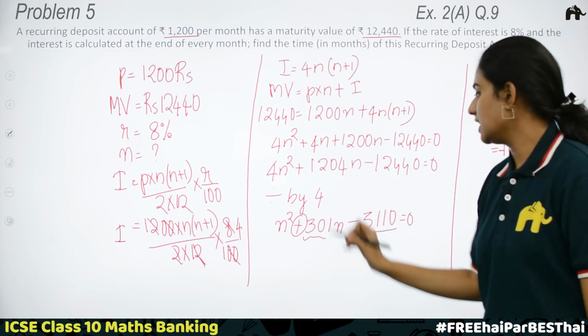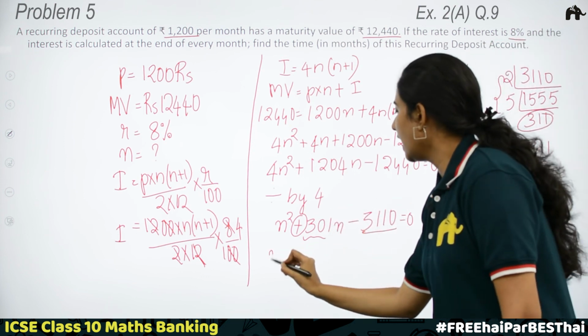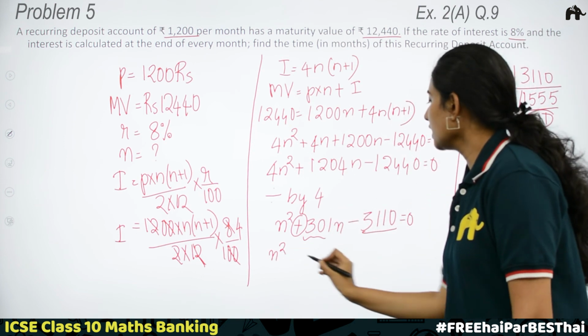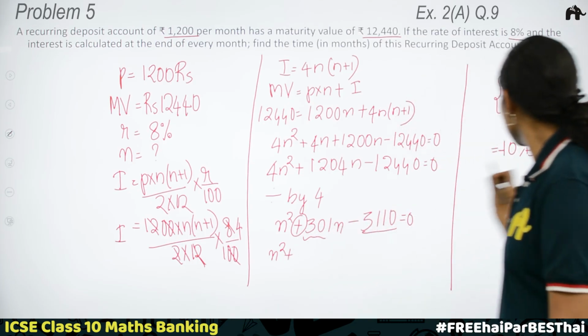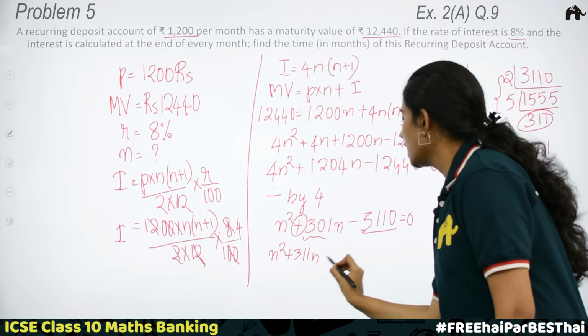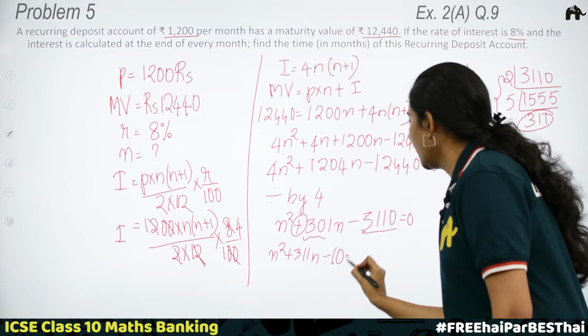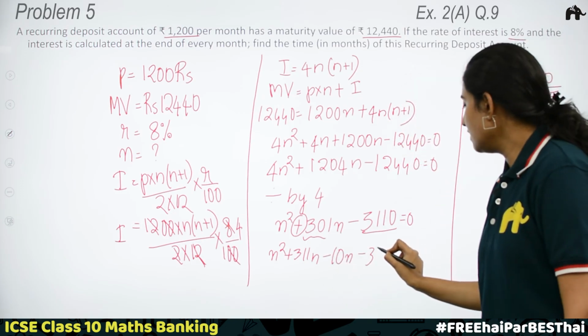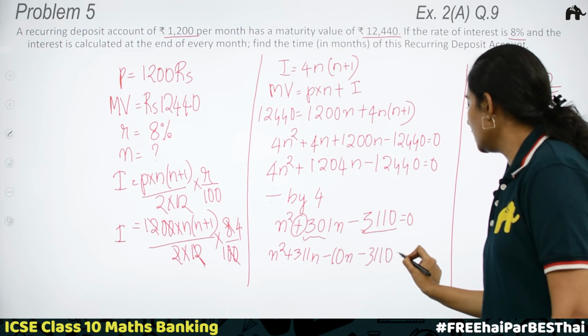This can be rearranged as n square plus 311n minus 10n minus 3110 is equal to 0.